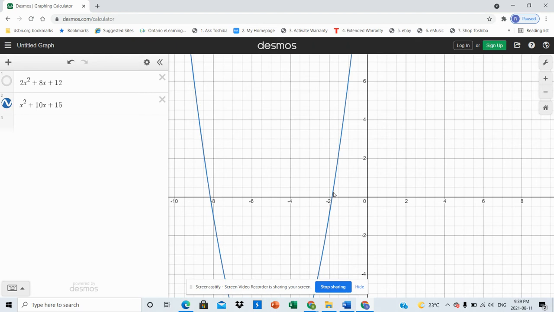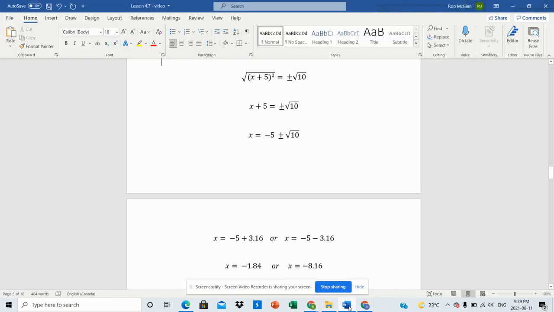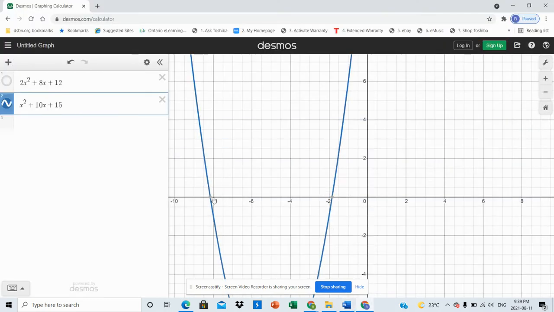My x-intercept, that's where my parabola crosses my x-axis. I've got negative 1.838 and negative 8.162. Those are my x-intercepts. I go back here. Yeah, 8.162 and negative 1.838.